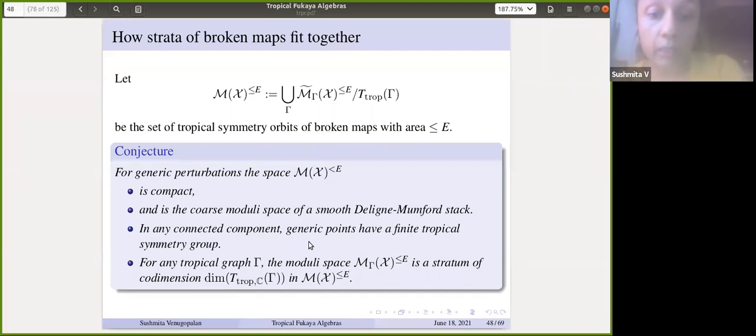And for any tropical graph gamma, the moduli space of maps of type gamma form a stratum whose codimension is the same as the dimension of the tropical symmetry group. So maps which have a large tropical symmetry group, after you quotient them out, form a small stratum in the moduli space. But most of these maps are going to have a rigid tropical graph. That's the generic situation.